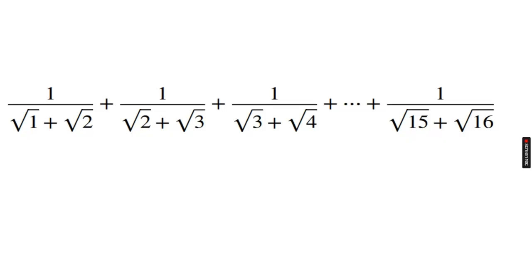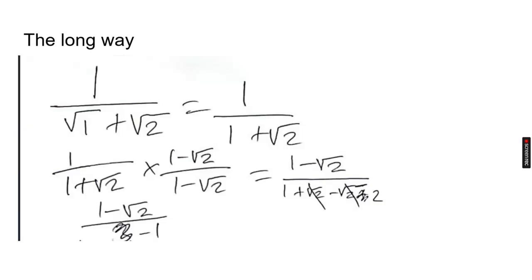The largest surd on the first fraction and the smallest surd on the second fraction are the same, and they end up cancelling out. And then this repeats for the second and third, and the third and fourth, and so on. And so basically every surd except the first and last one cancels out.